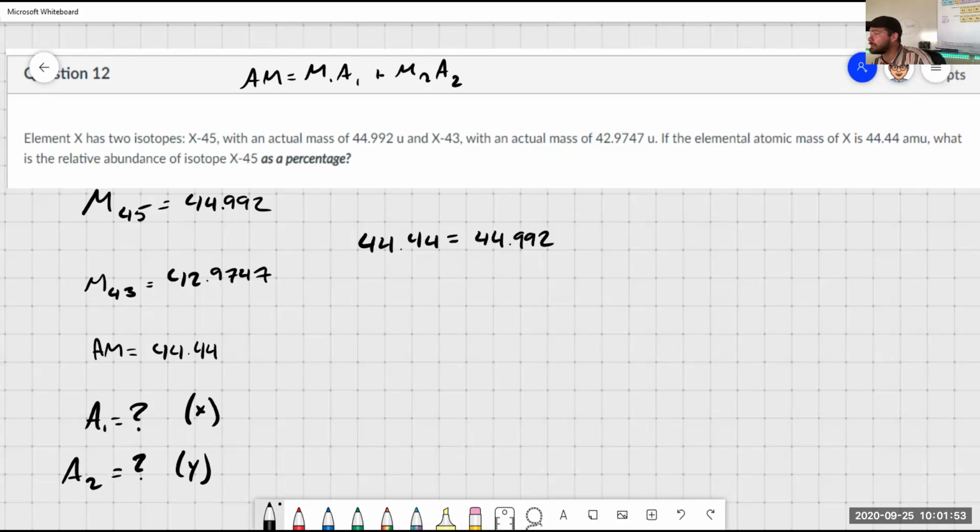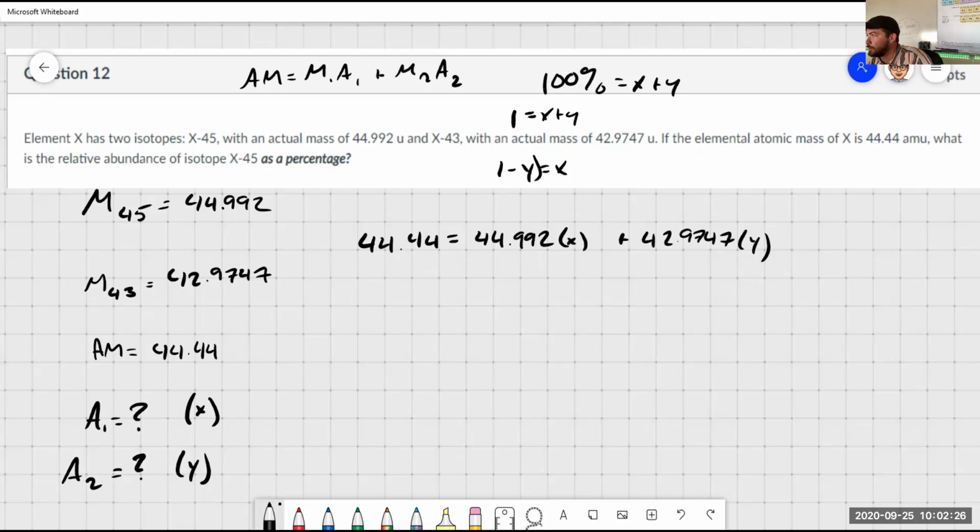So A1 is going to be X: 44.992 times X, plus 42.9747 times Y. We know from what I showed you earlier that 100% is equal to those two abundances added together, so 100% is equal to X plus Y. When you solve as a fraction, not a percent, you get 1 equals X plus Y. Isolate for X, so we get 1 minus Y equals X.